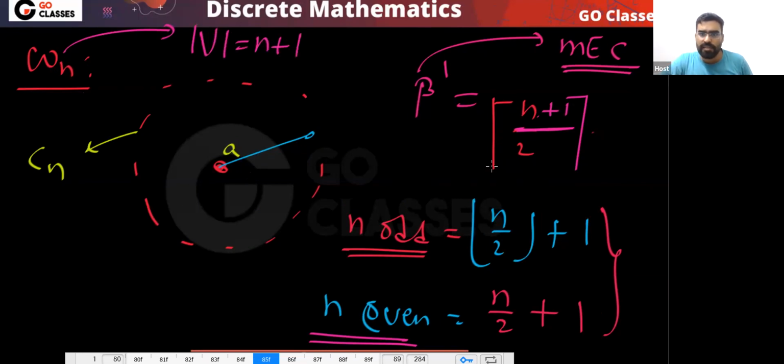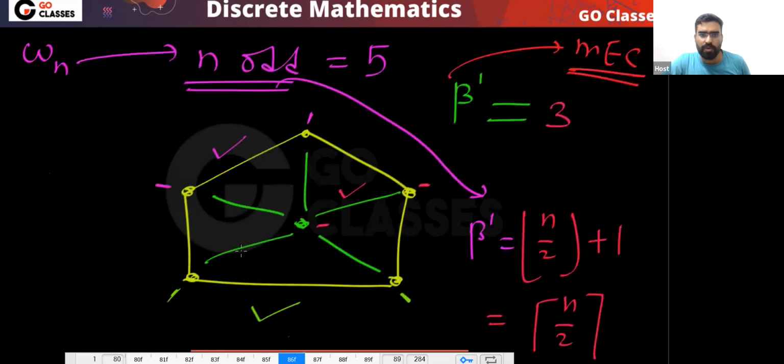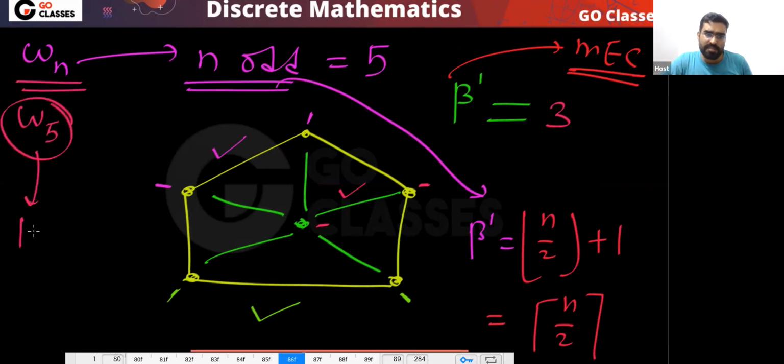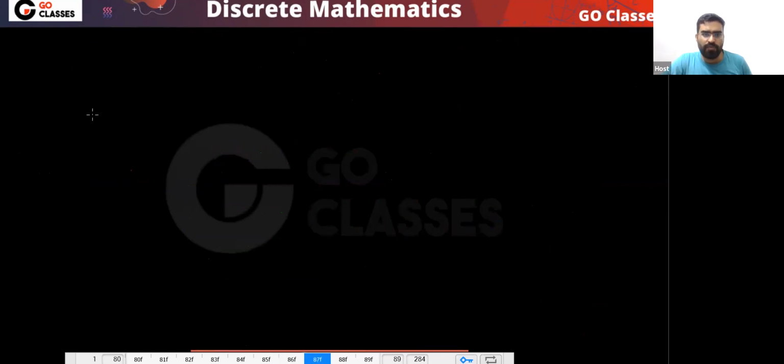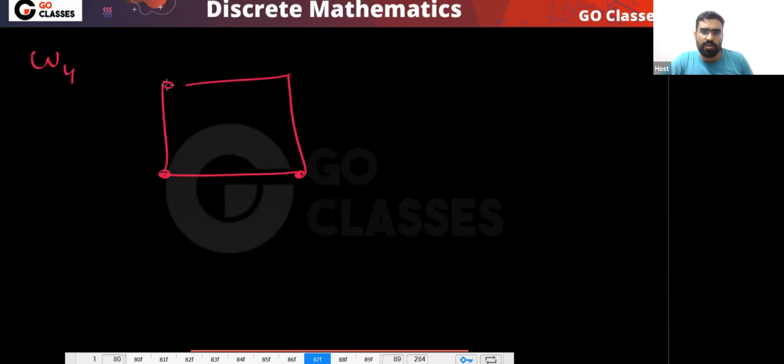Now you can check that n plus 1 by 2 will work. For example, if you have W5, then there will be 6 vertices, and you can notice you are getting 3. And if you have W4, the number of vertices will be 5.